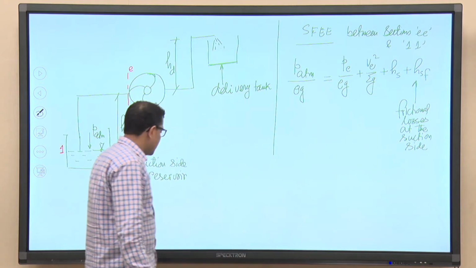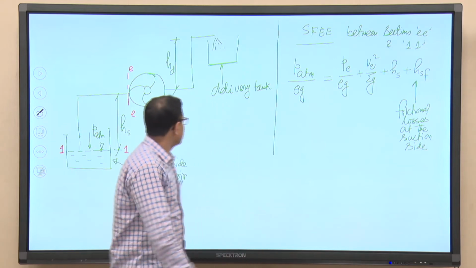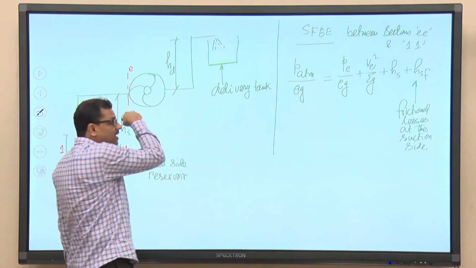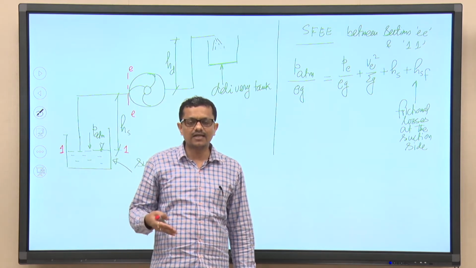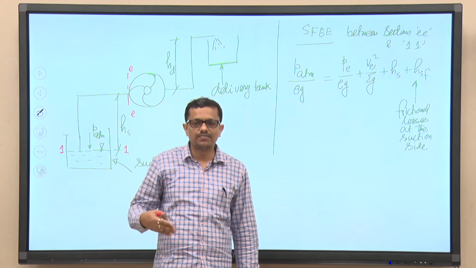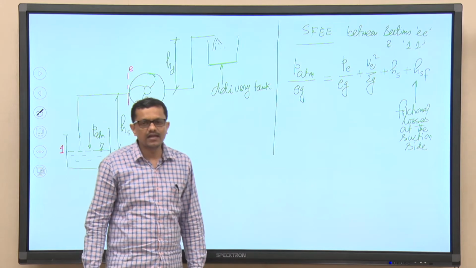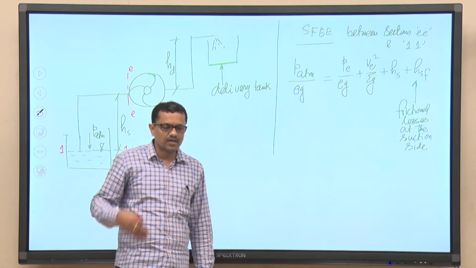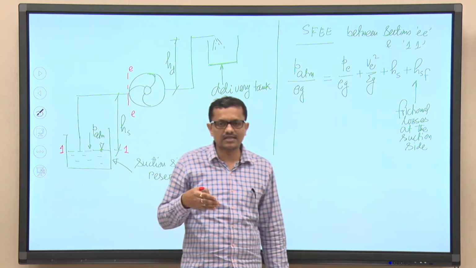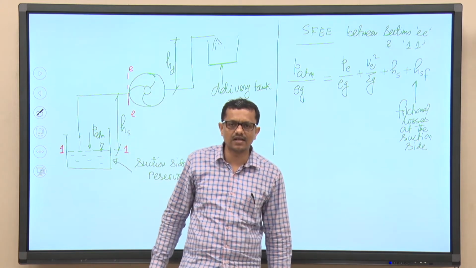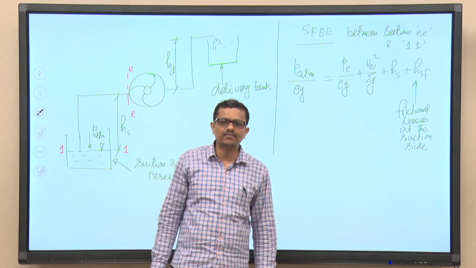Okay. Now, in the last class we discussed that at any point in the fluidic path, if the static pressure locally falls below the vapor pressure at the prevailing temperature, boiling will start, with the development of vapor bubbles.